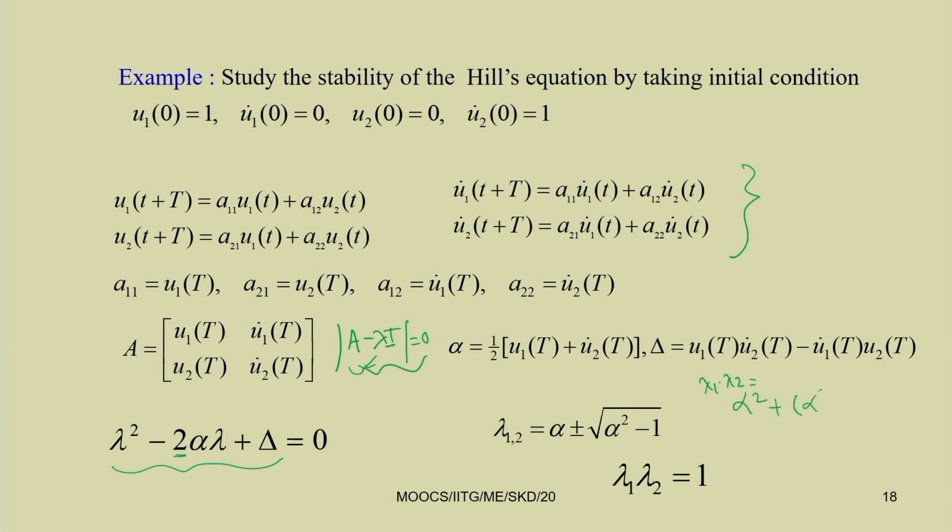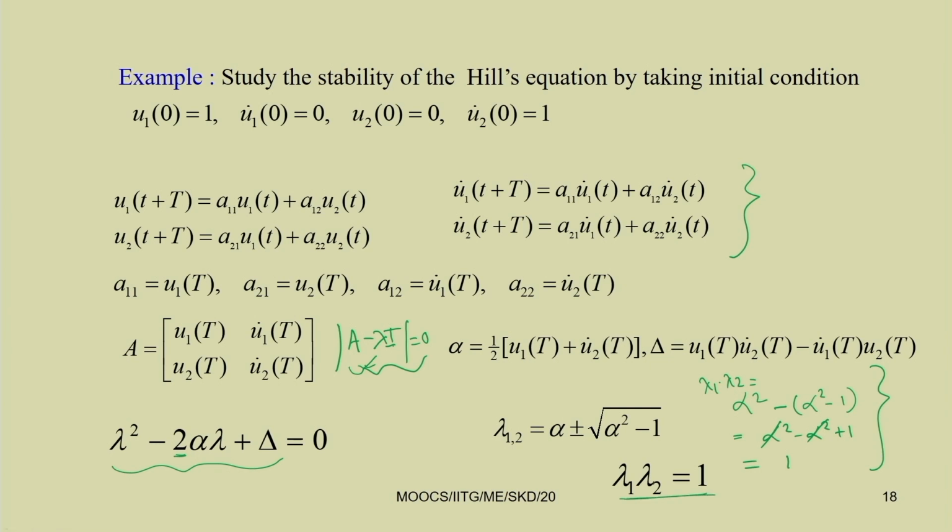Here b square is equal to alpha square minus 1, so this becomes alpha square minus alpha square plus 1. This cancels and this becomes 1. So here you have observed that lambda 1 into lambda 2 is always equal to 1.